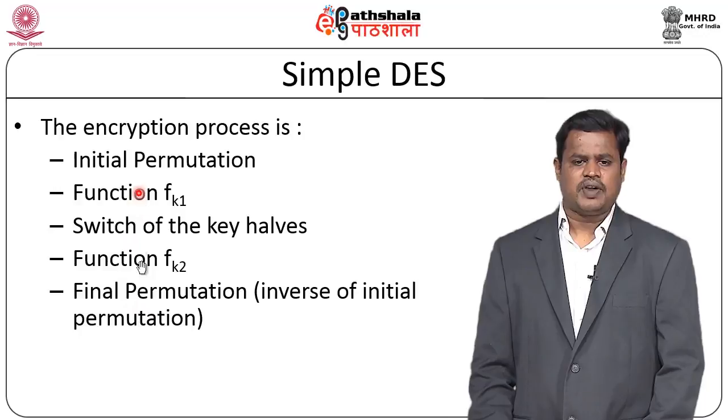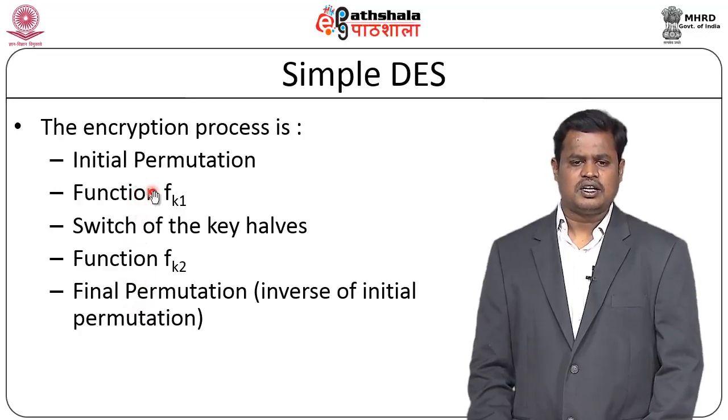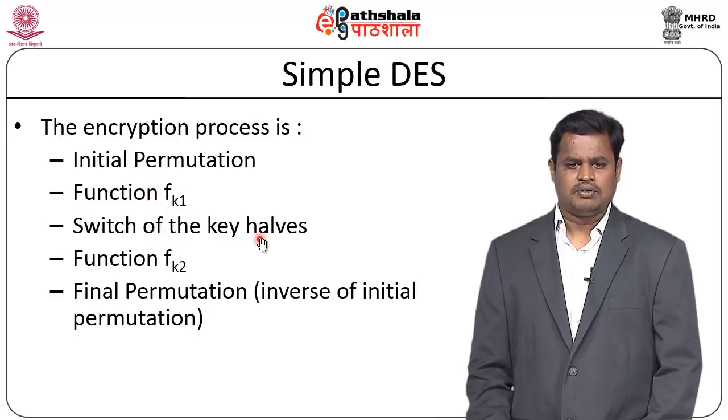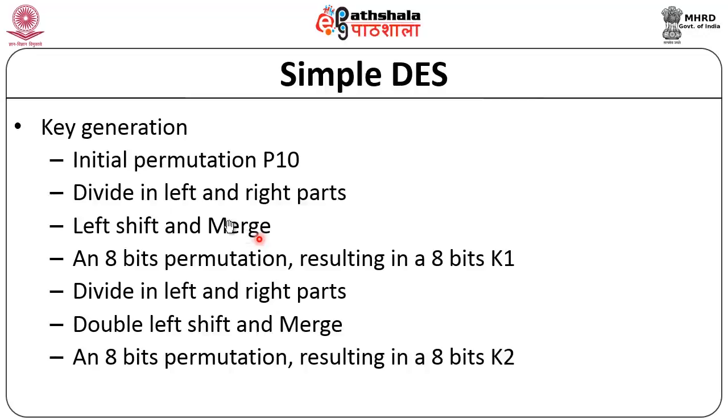Within the initial and final permutation we have the functions, the switch of the key halves, and that is the key generation process. During key generation there is an initial permutation P10 which divides into left half and right half, and then an 8-bit permutation resulting in an 8-bit key.